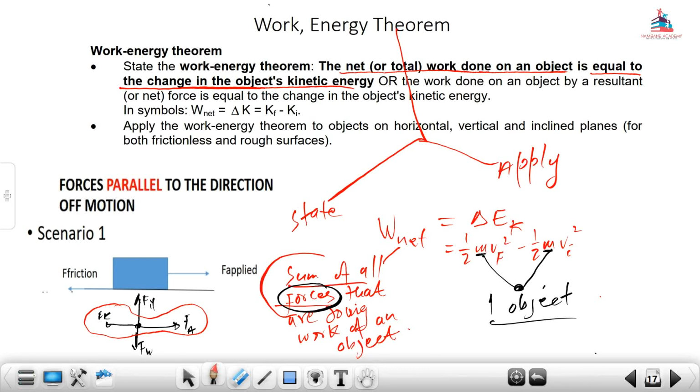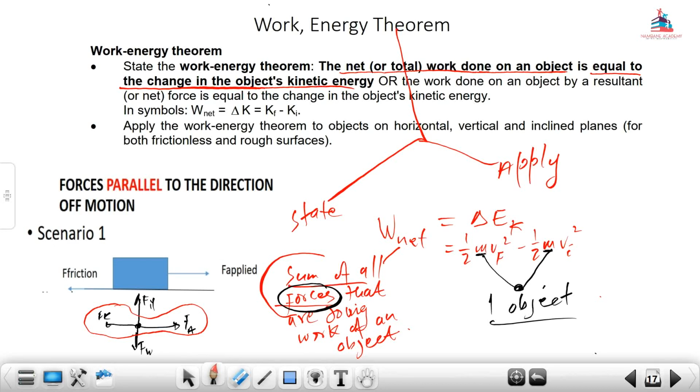It restricts me, so once friction is there, the other option I have is applying the work energy theorem.